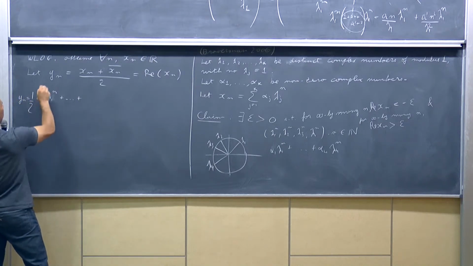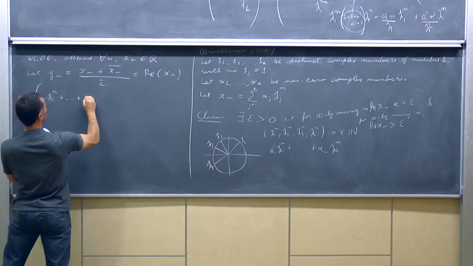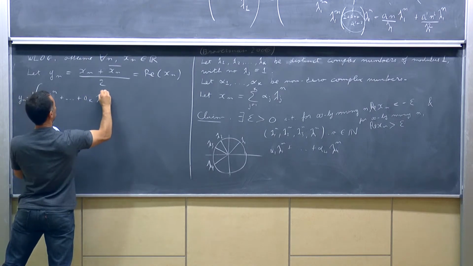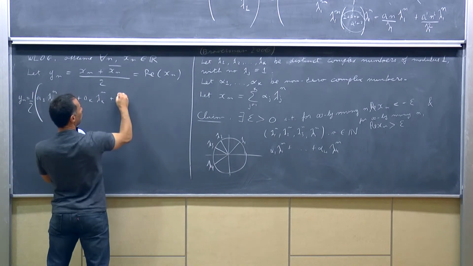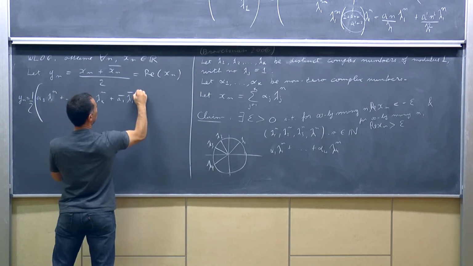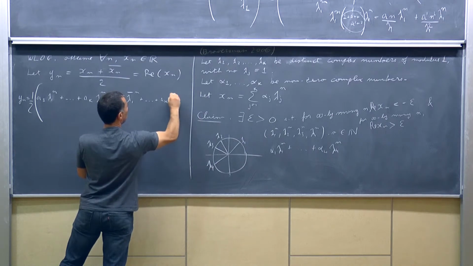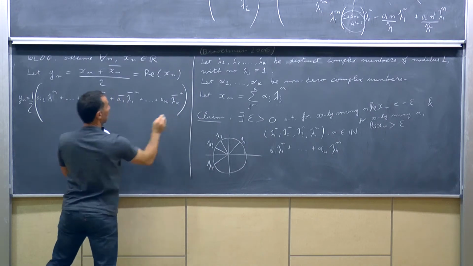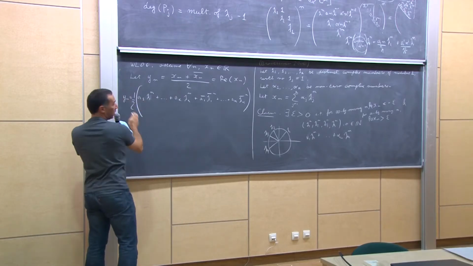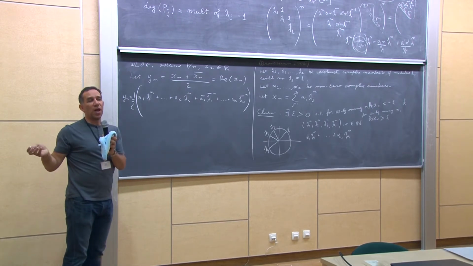It'll be 1/2 times this, ak lambda k to the n plus, and the conjugate is just a1 lambda 1 conjugate to the n plus ak lambda k conjugate to the n. And I simply apply my lemma to yn.